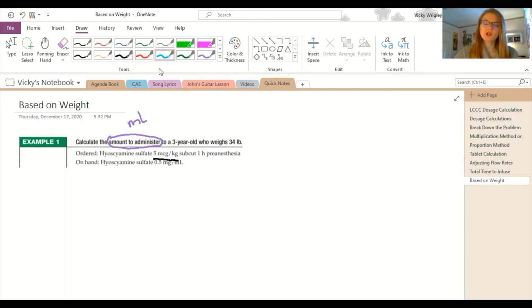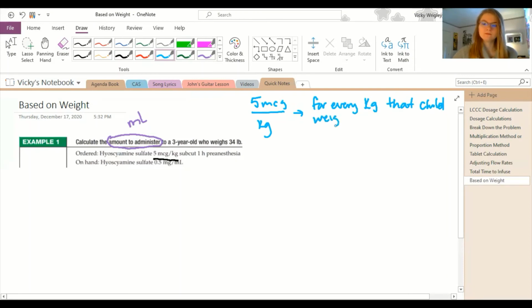So what is that? Let's talk about what that means. 5 micrograms per kilogram. What this tells you is for every kilogram that the child weighs, he or she needs to receive 5 micrograms of the drug.